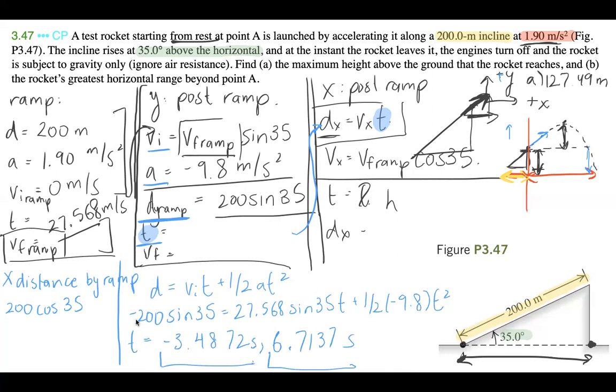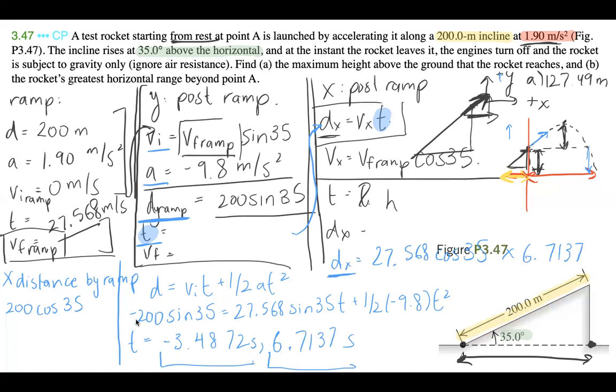So dx is going to be, we plug in our VF ramp, 27.568 cos 35 times 6.7137, and then we get our dx.